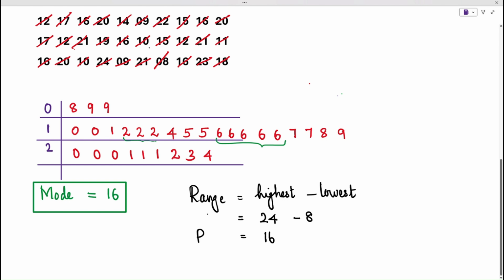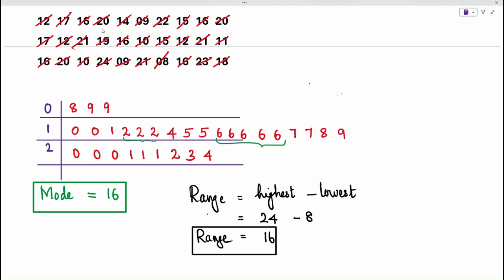Now we're left with our median. So since we have an even number of items, we can just divide our total by 2. So the total that we have is 30. And if we divide this by 2, we get 15.